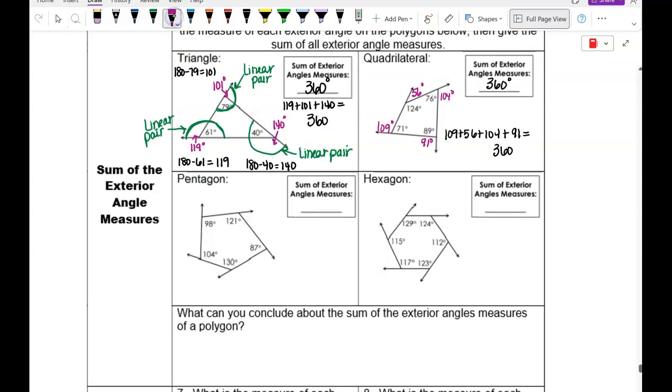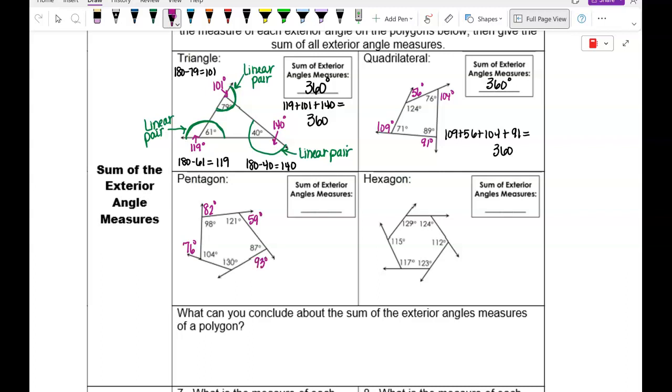Now the pentagon, I'm going to start at the 104. What would be the supplement to 104 degrees? 76 degrees. The supplement to 98? 82 degrees. The supplement to 121 degrees? The supplement to 87 degrees?